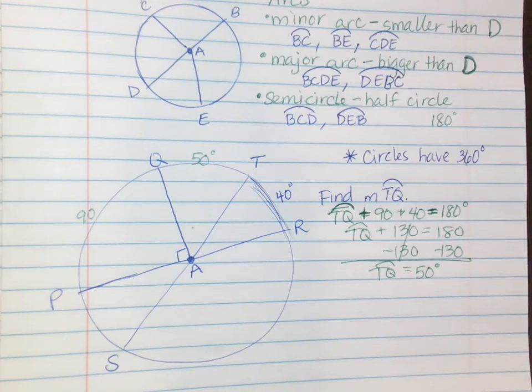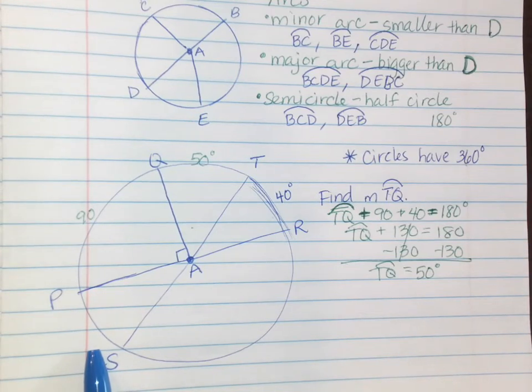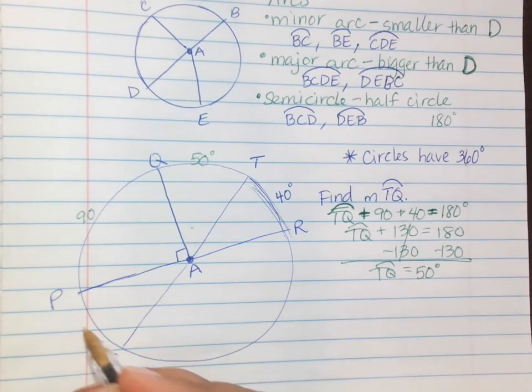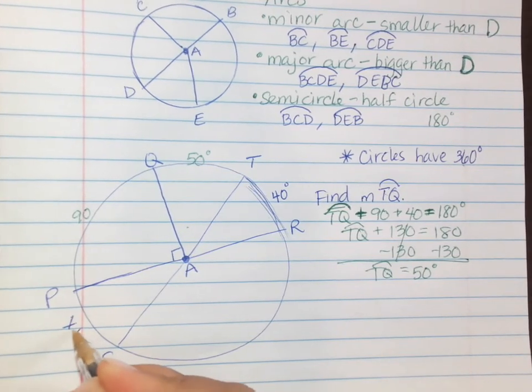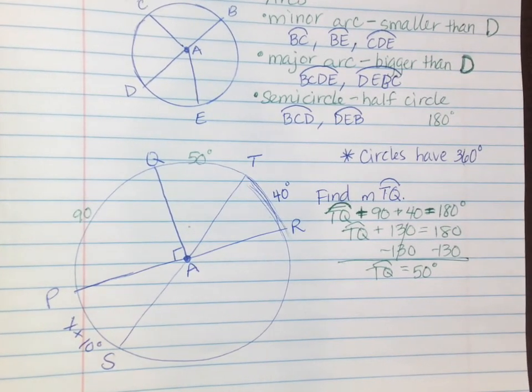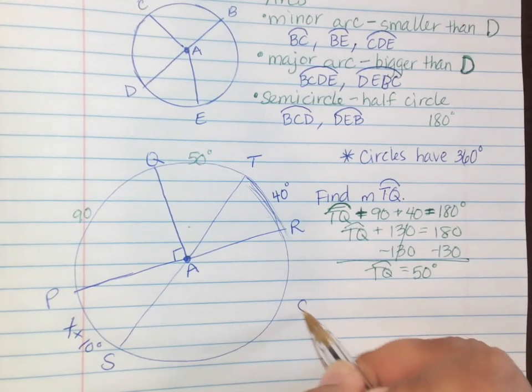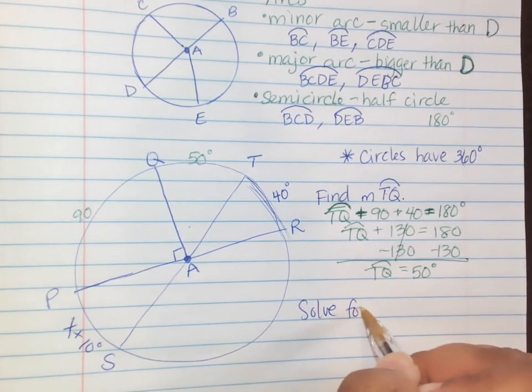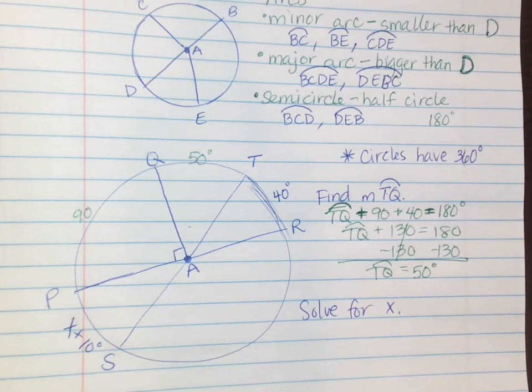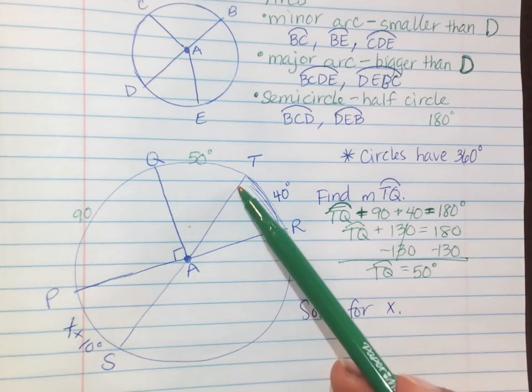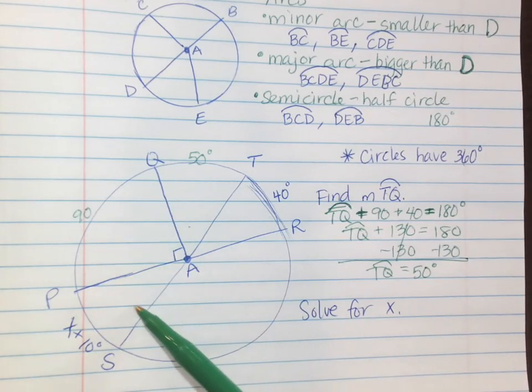Well, what if this section here was x plus 10 degrees and we had to find x? So we can use this to make another equation because there's another semicircle right here, right? It's going across, so we know this section's 180.